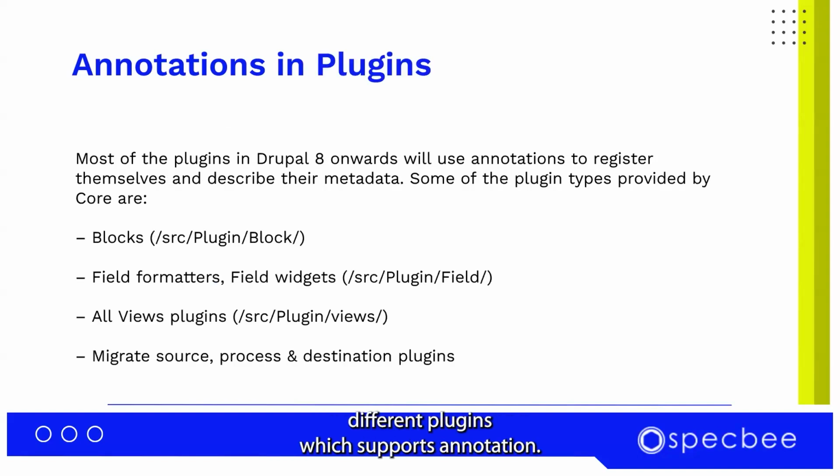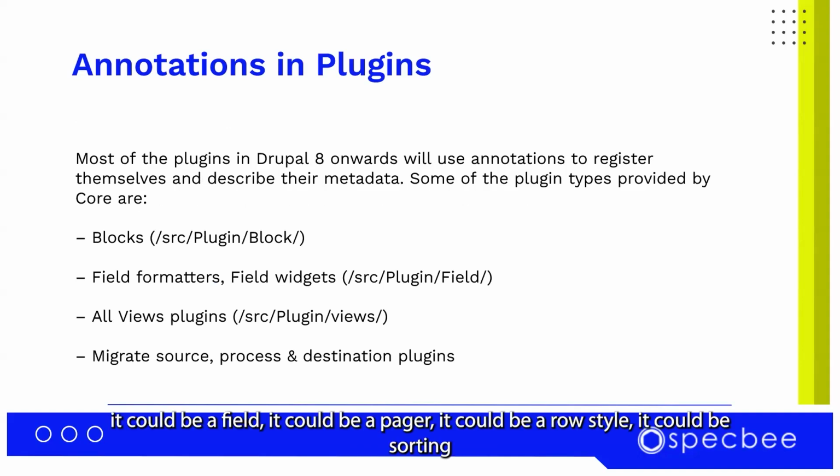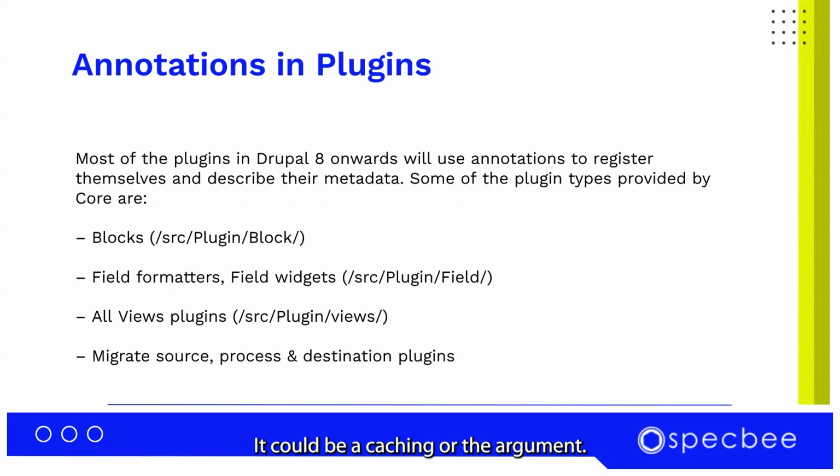What are the different plugins which support annotations? Blocks are plugins, field formatters, field widgets, and views plugins. Views contain many different ones: it could be a field, a pager, a row style, sorting, caching, arguments, or exposed filters.